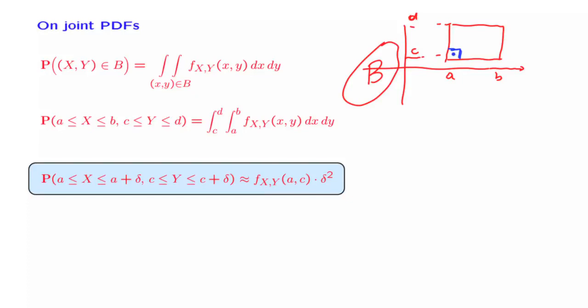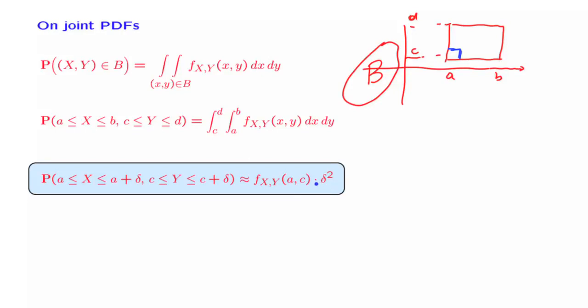It is equal to the value of the function that we're integrating at some point in the rectangle, let's take that corner, times the area of that little rectangle, which is equal to delta squared.